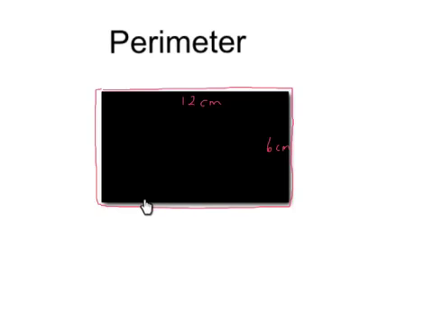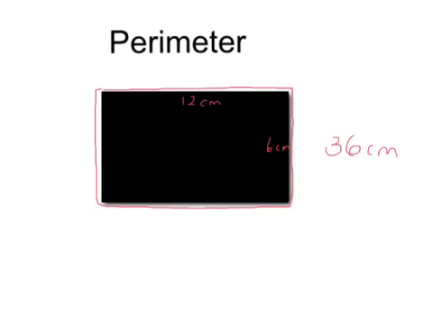By the time I add my 12 on, I'm going to be at 30, and then I need to have another 6 going up here, so that's going to give me a total of 36 centimetres. And remember, that's a journey, so that's a distance all the way around the outside of the shape, just adding up every measurement all the way around, and it's measured in centimetres, not in square centimetres.